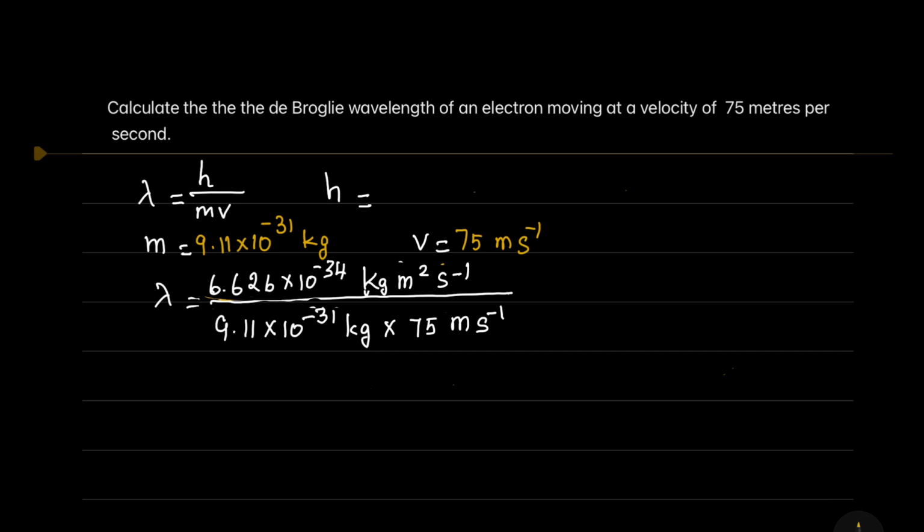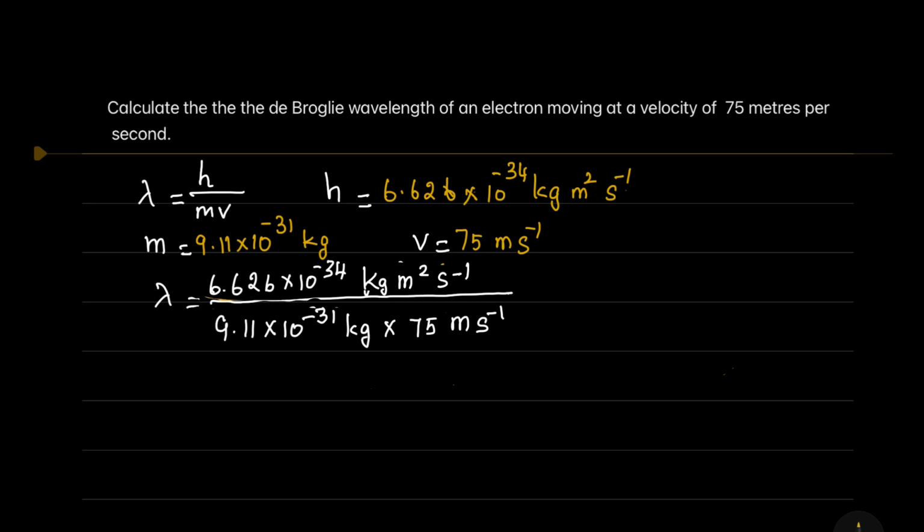For the Planck's constant value, the unit should be expressed in kilogram meters square per second. We had already discussed it. So 6.626 into 10 raised to the power of minus 34 kilograms meter squared per second. Let us substitute in de Broglie's equation.